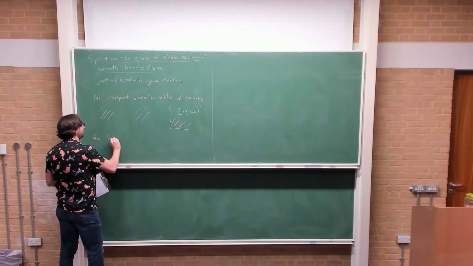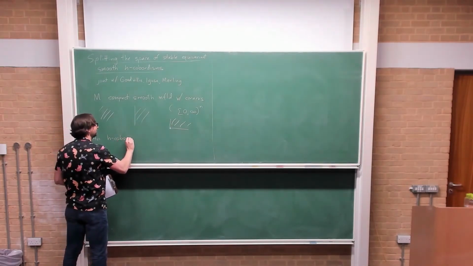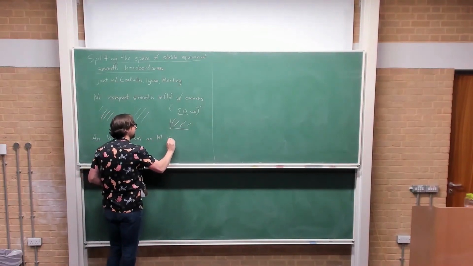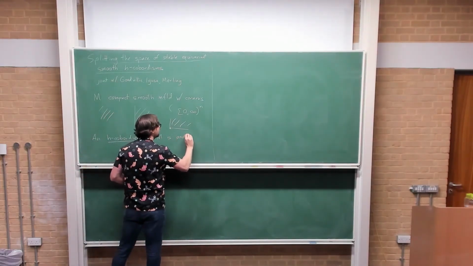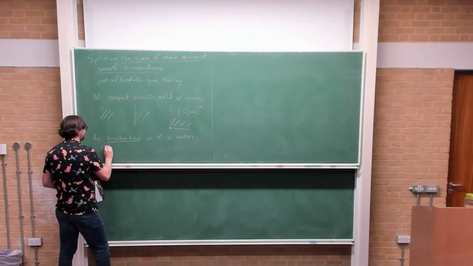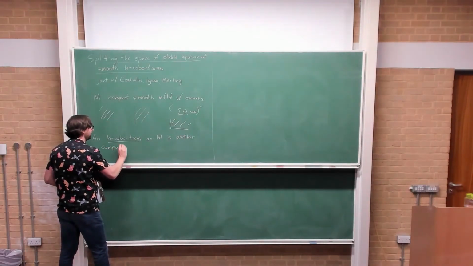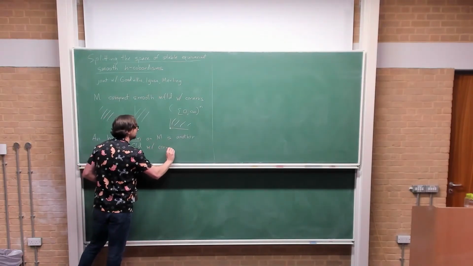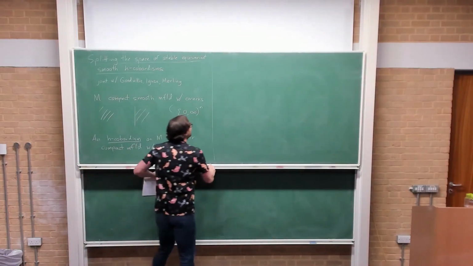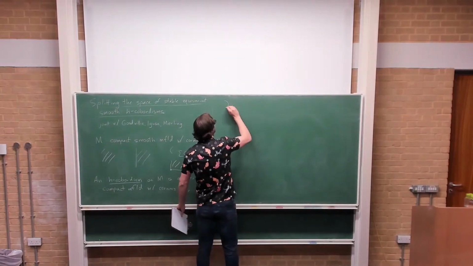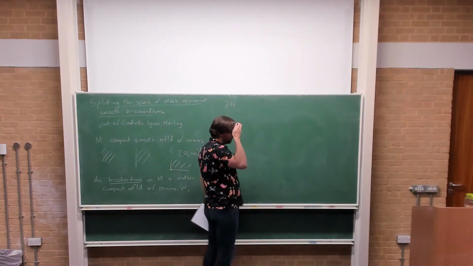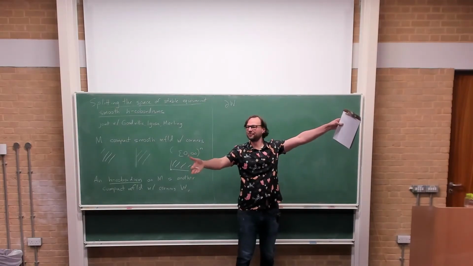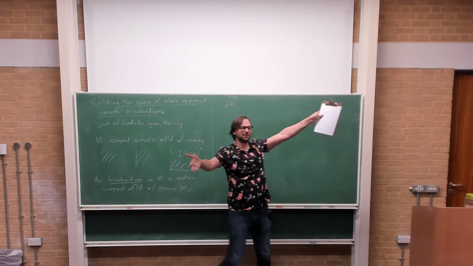So an h-cobordism on M is another compact, smooth manifold with corners W. And I want the boundary of W to be: if M didn't have any boundary, I'd want the boundary of W to just be M disjoint union something else, and then I'd say it's a cobordism from M to that something else.